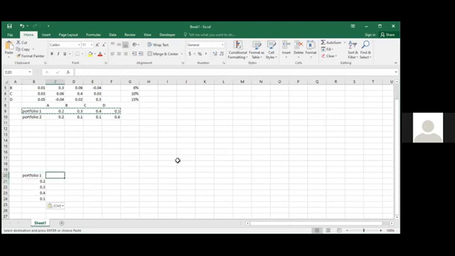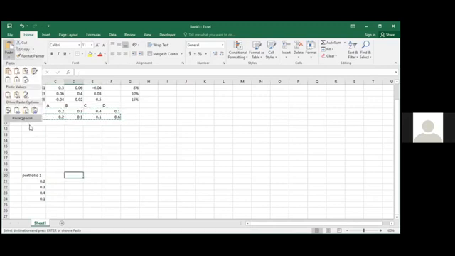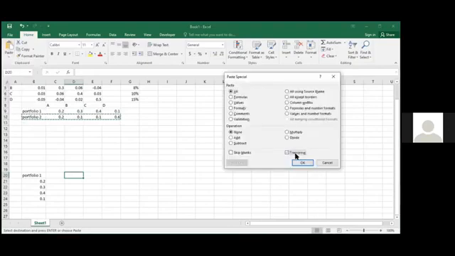Likewise, for the second case, you do the same with the values of portfolio 2: copy, then paste special, select transpose.